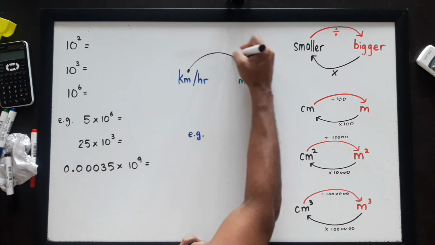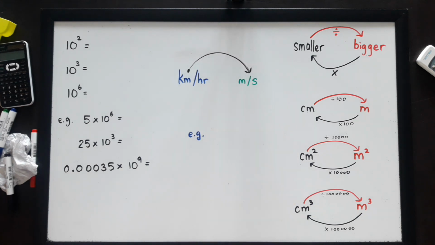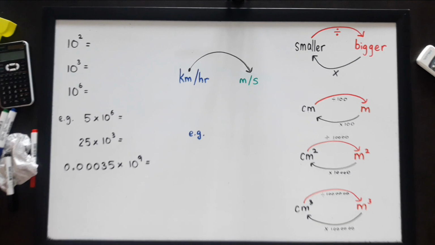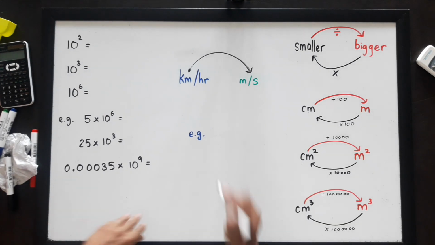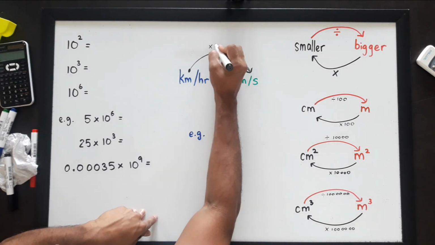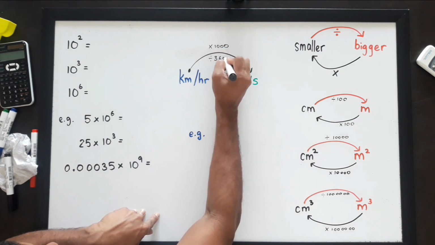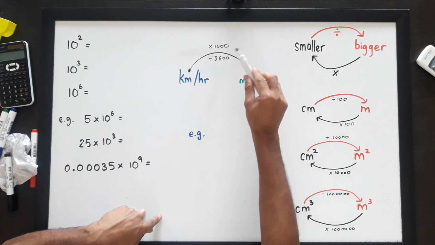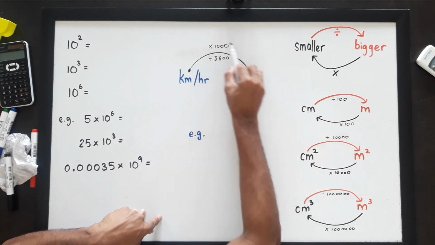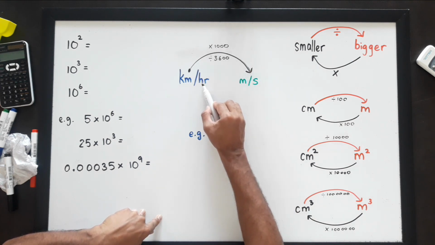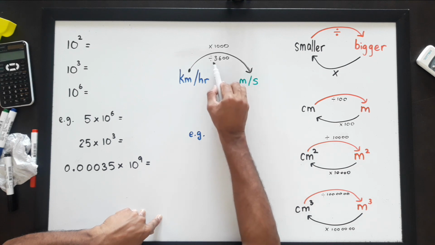Whenever you have to convert kilometers per hour to meters per second, you need to multiply by 1,000 and then divide by 3,600. The reason is 1 kilometer has 1,000 meters and 1 hour has this amount of seconds.